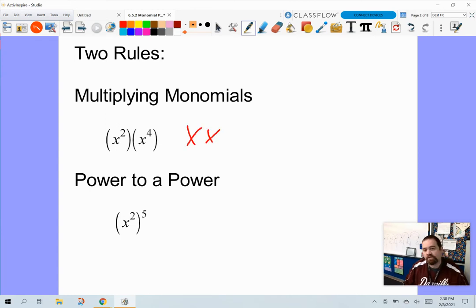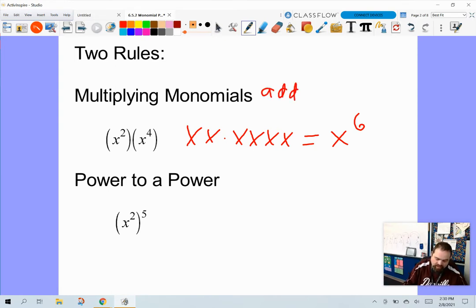And then the x to the fourth power means that you're multiplying four more x's together. So what you're looking at for one combined simplified expression is a base of x, and your exponent is how many of those have been multiplied together. So the shortcut when you're multiplying monomials is that you add your exponents.